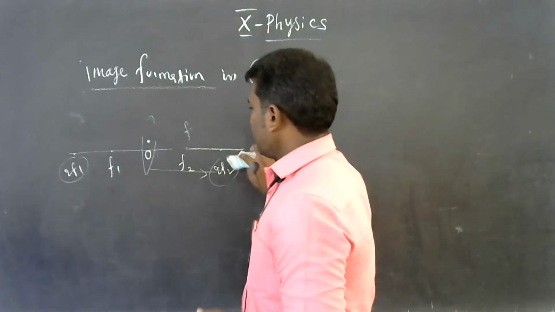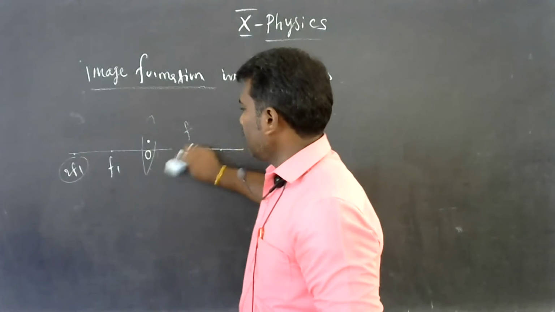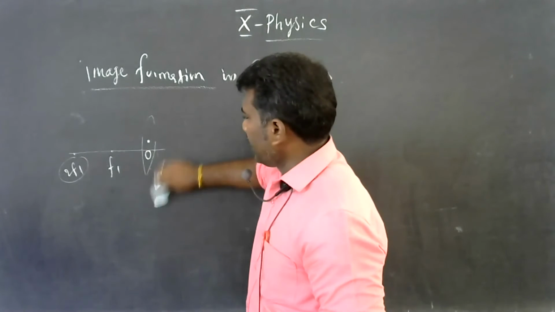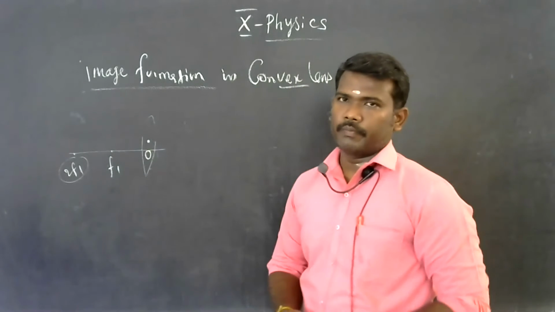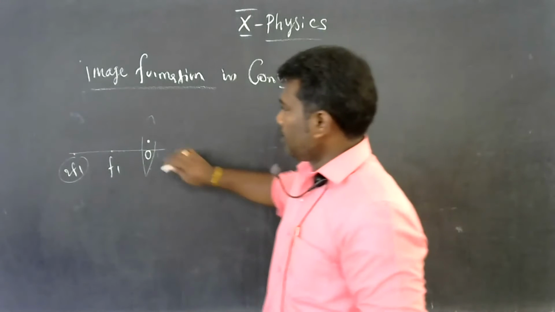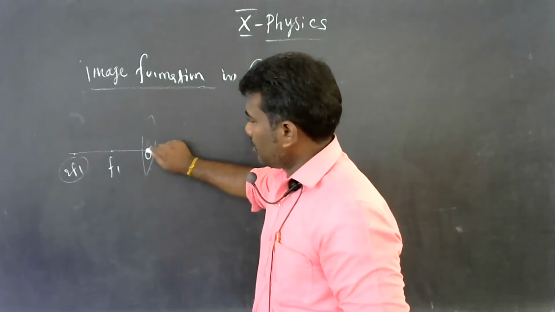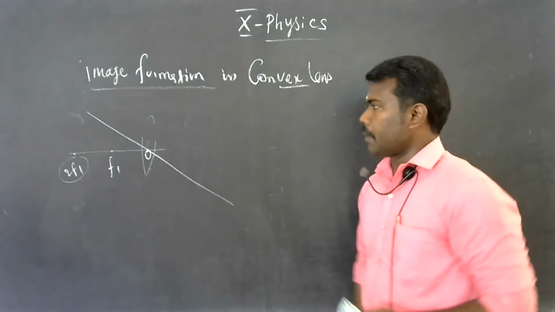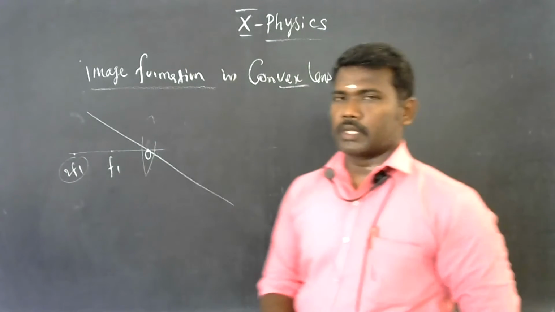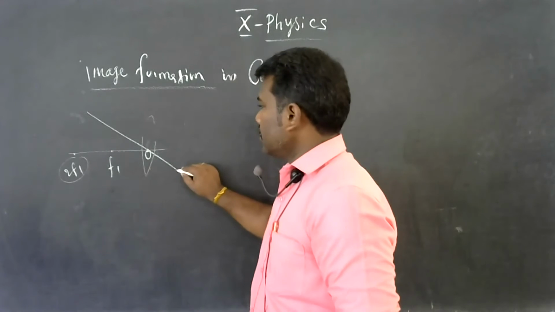And the third one is very important. In the mirror, if the light ray is passing through the center of curvature, there is no deviation. But in this case, in your textbook, the third concept is: if the light ray is passing through the optical center, there is no deviation.